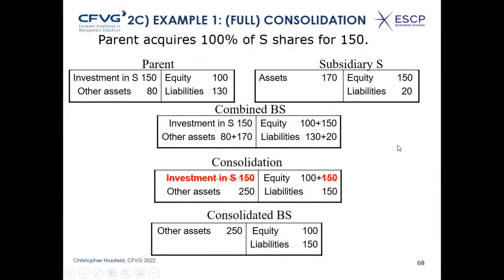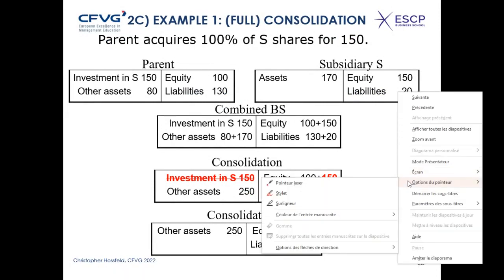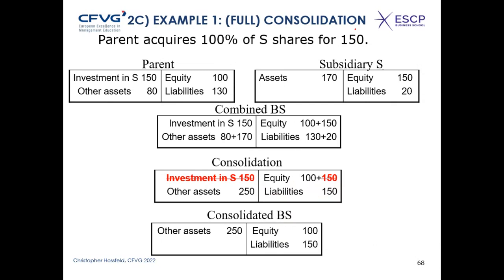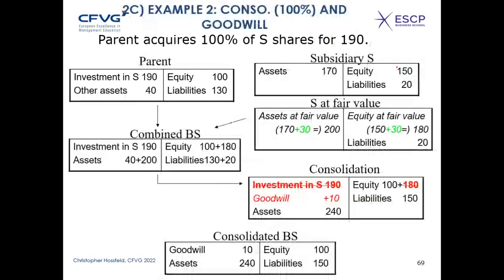So here in this first example, we acquired the subsidiary shares at book value. As I said yesterday already, that is probably not the most realistic acquisition method, or it does not correspond to reality.